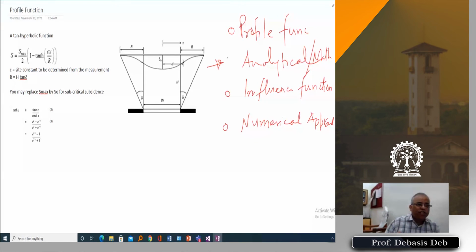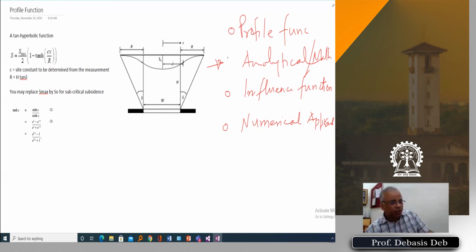The influence function method is a very new method and is being used in many places. But there is also a catch. We also have to know the influence function, and to know the influence function is not so easy.